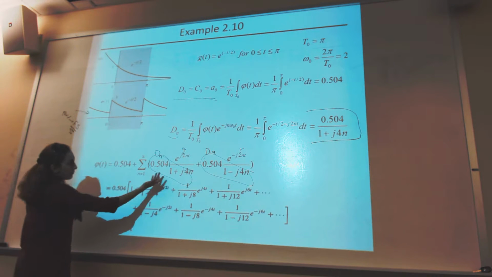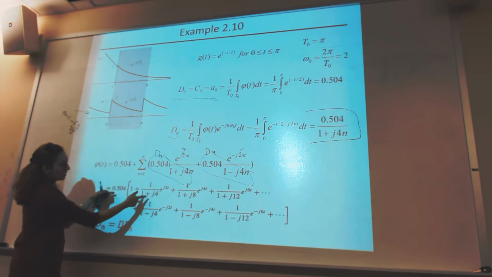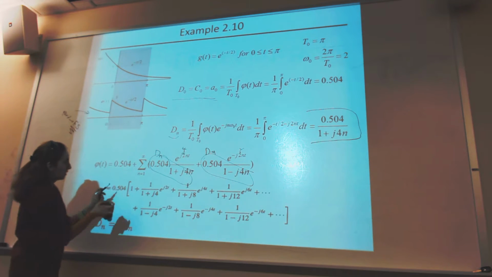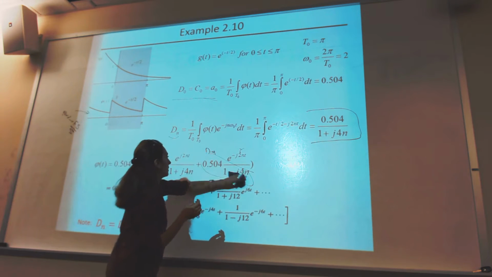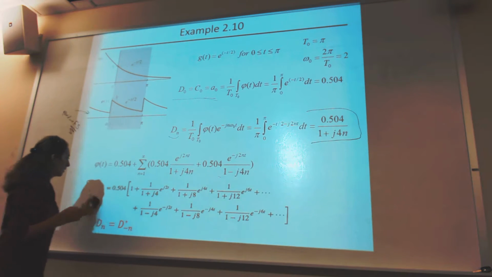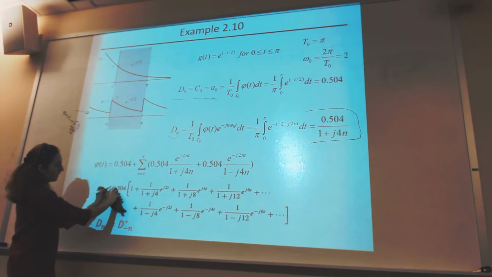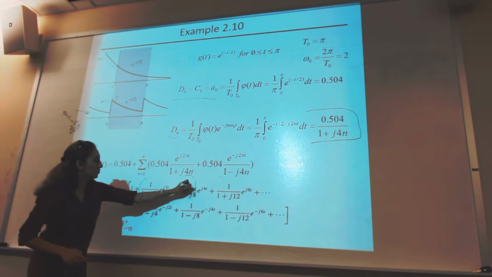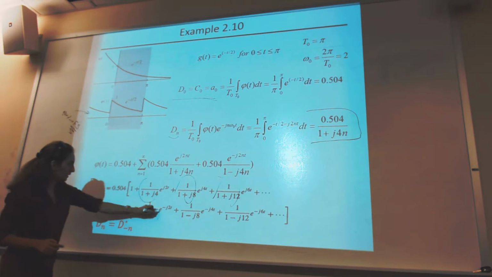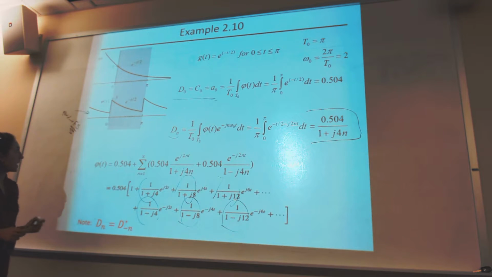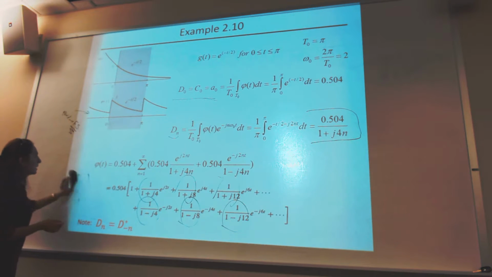And if I expand this, if you put n equal to 1, n equal to 2, and just expand the series, this corresponds to D1 times that, D2, D3, etc., and then D negative 1, D negative 2, D negative 3, etc. Now I asked you to plot the magnitude of Dn and the phase of Dn. So let's plot that.